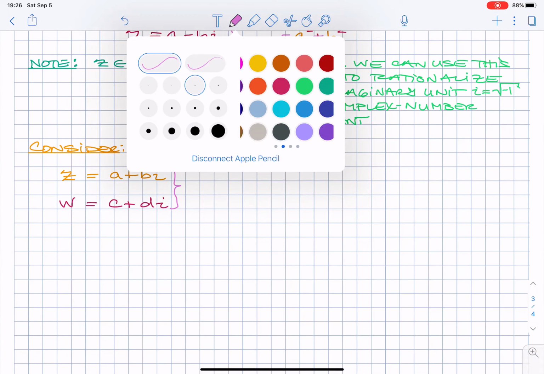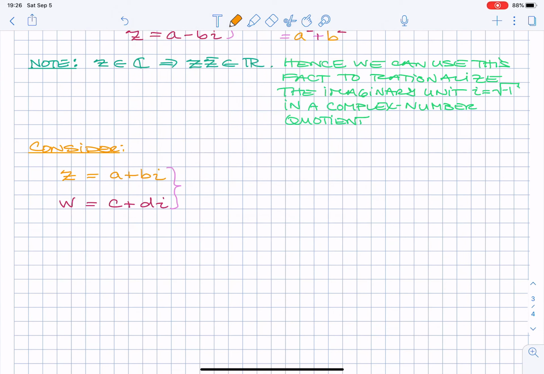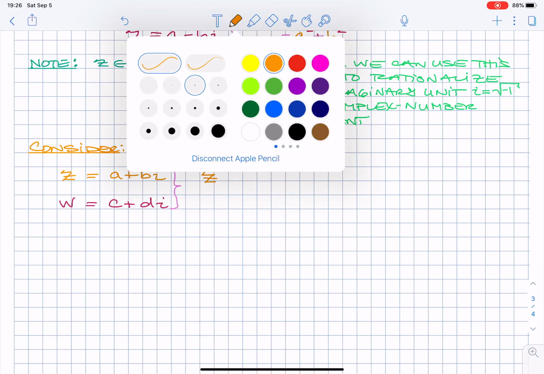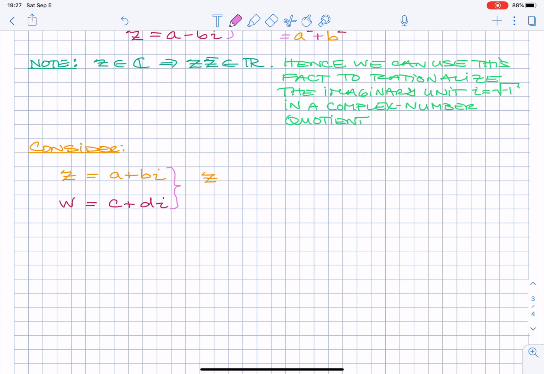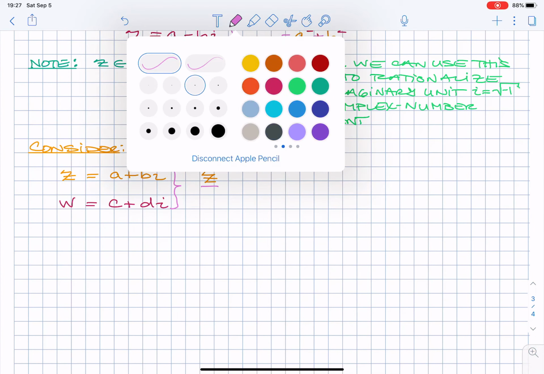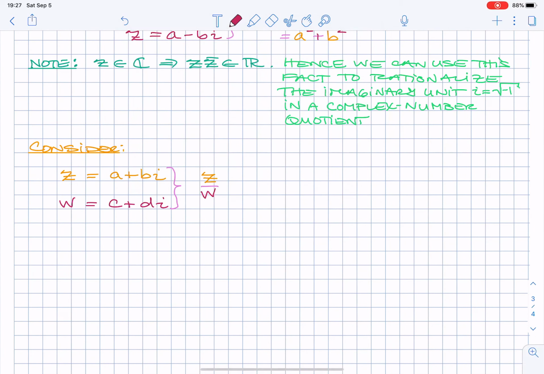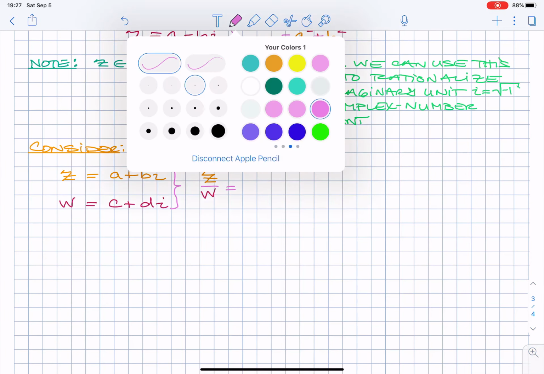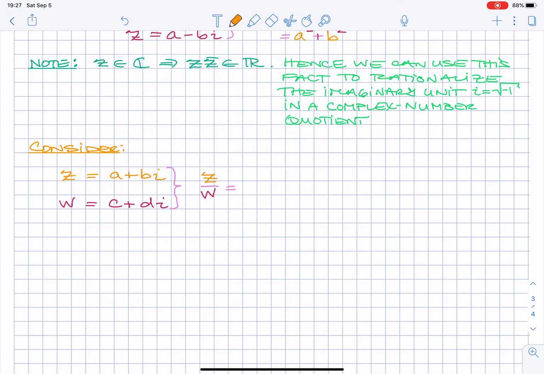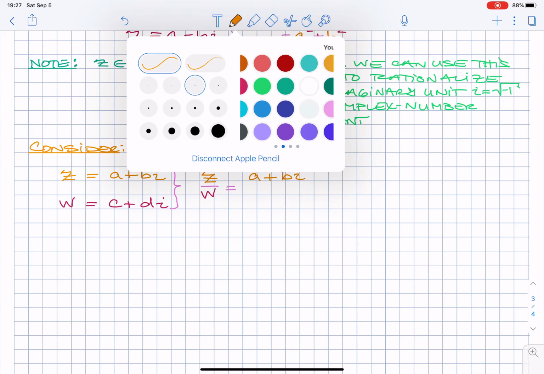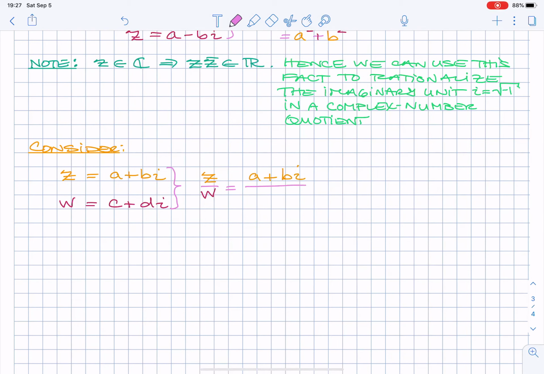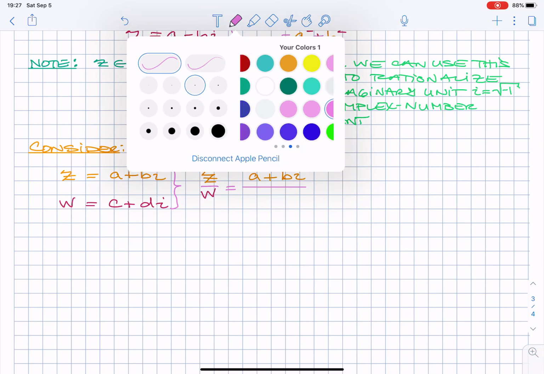So if I am asked to find z divided by w, what do I get? I get a plus bi divided by c plus di.